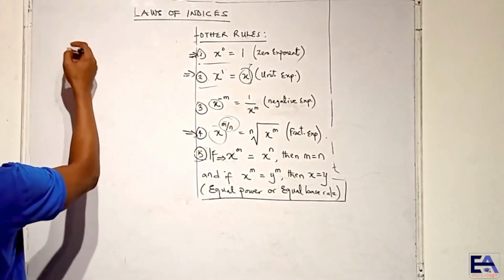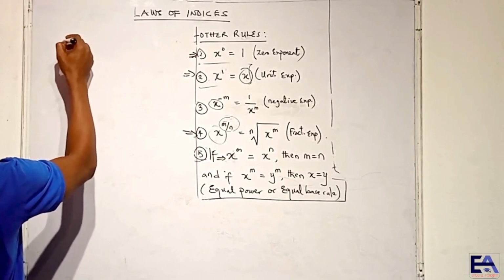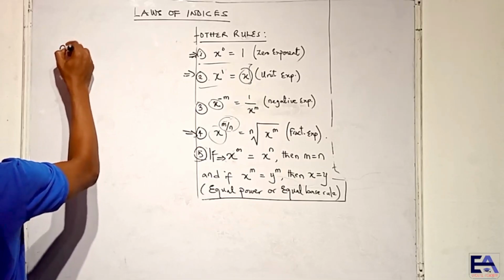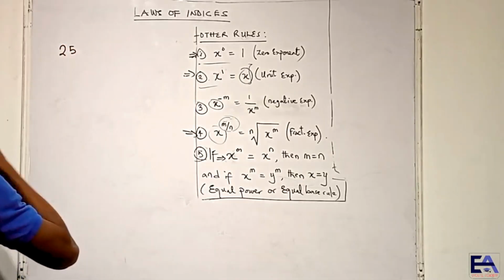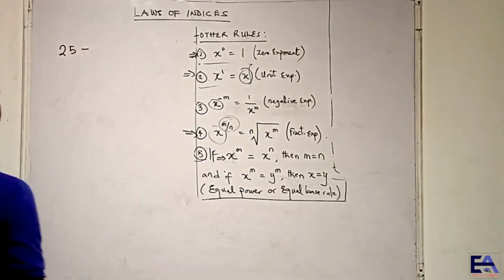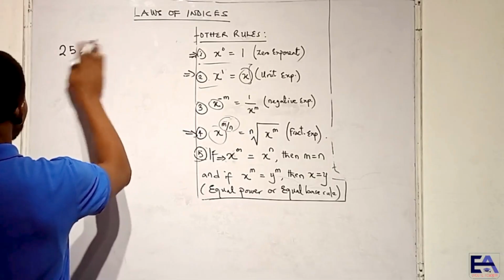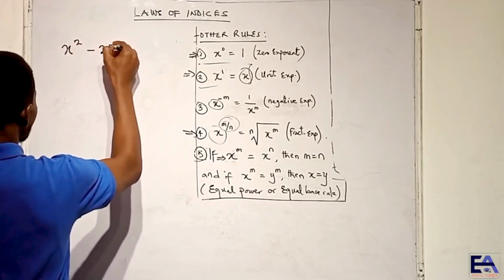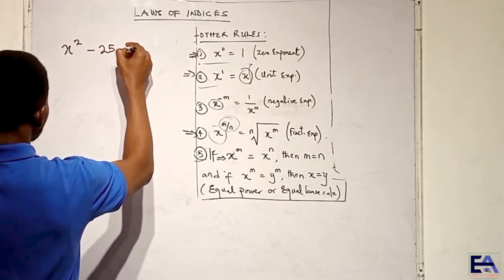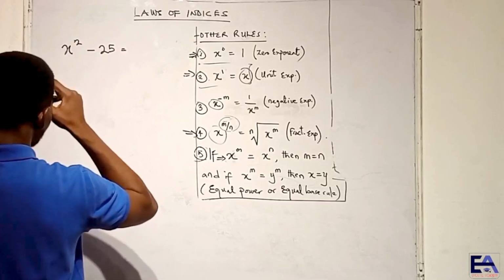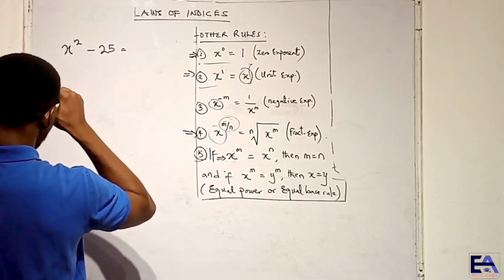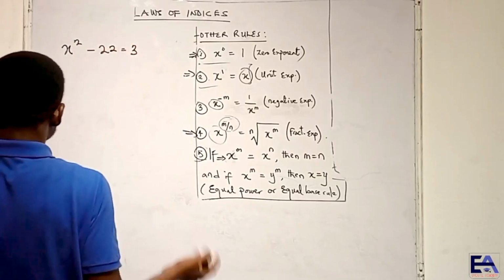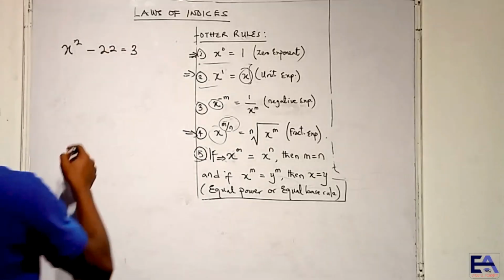If we have this, for instance, maybe the question says x squared minus 25 is equal to, or x squared minus 22 is equal to 3, something like that.